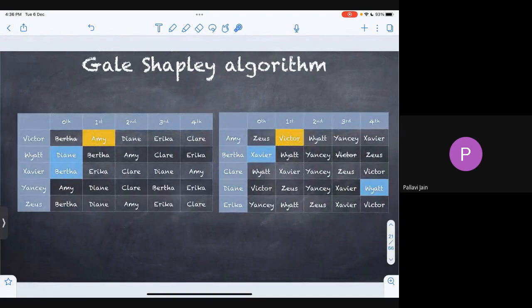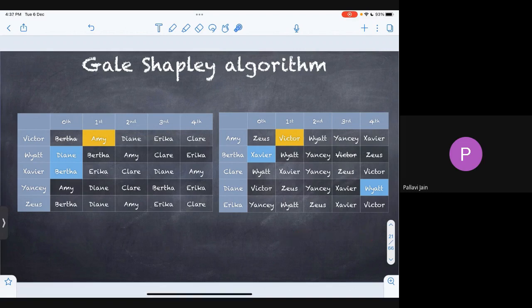Because Bertha accepts Xavier and Victor is rejected, Victor will now go down his preference list and propose to whoever is next. So what is happening is, as the men are proposing, they are going down their list, striking off people from the top of their list. As women are receiving proposals, they're striking off people from the back of their list.